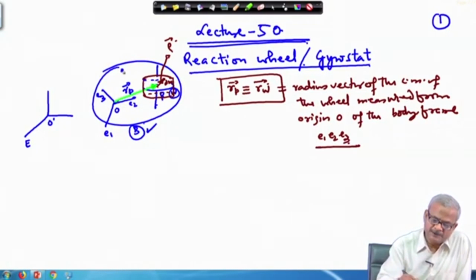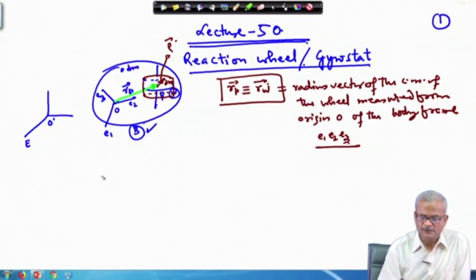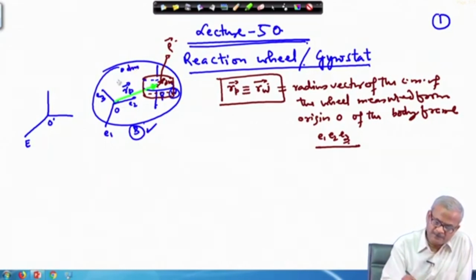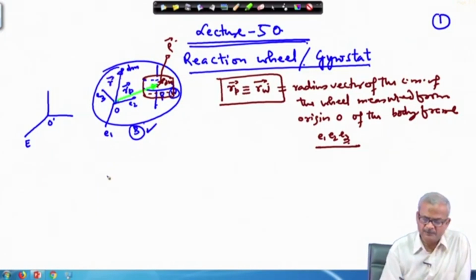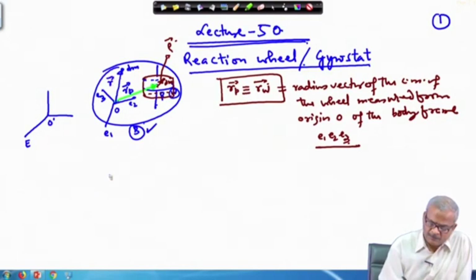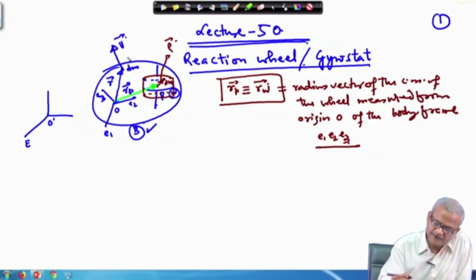So, let us assume that this is a mass d m on the main body, and r is the radius vector to this point. So, what will be the angular momentum of this? If v is the velocity of this point, let us name this point as q. Okay.